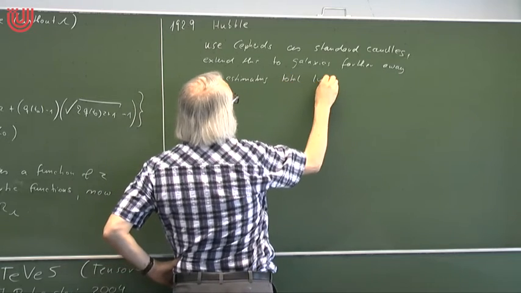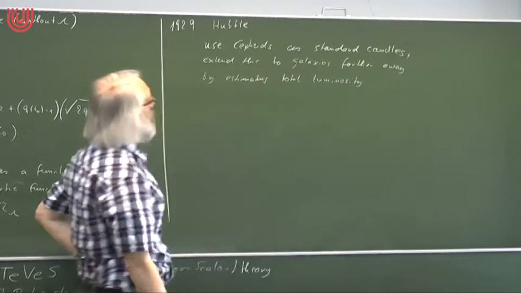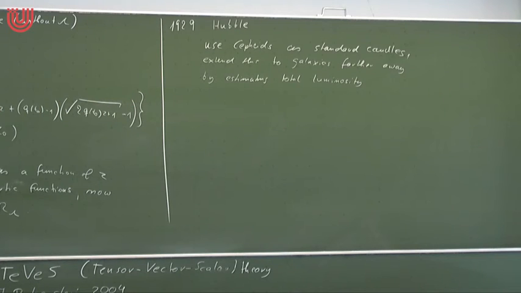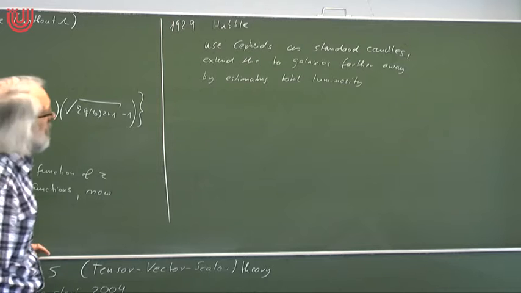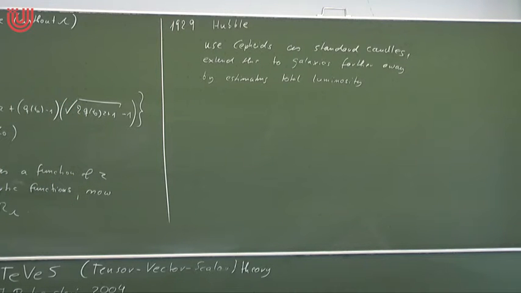And that was actually the way in which Hubble, in his famous 1929 paper, came to the values for the luminosity distance. For the majority of the galaxies, it was just an estimate of the total luminosity, so it was fairly rough.